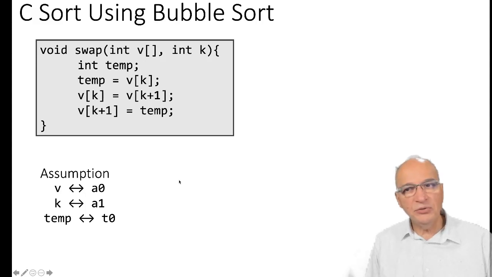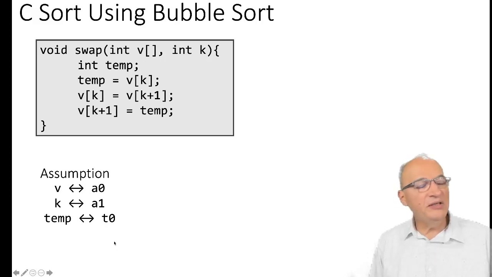By convention, in RISC-V, the first parameter of a function is in A0, the second parameter of the function is in A1, and so on. So the A registers are called the argument registers, and they are used for the arguments of the function. In RISC-V, A0 is also used as the return value for a function.